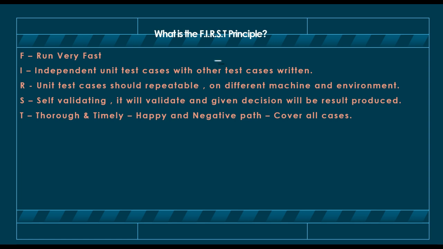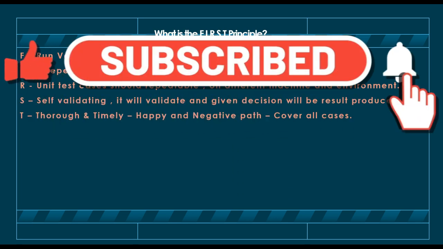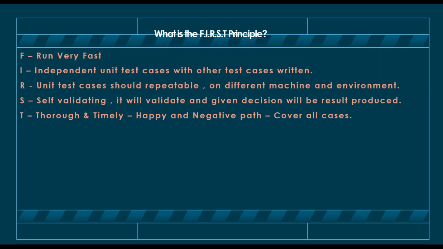Now, thoroughly and timely tested means that whether it's your happy path or your negative path, all kinds of scenarios relevant to that particular code module or features should be tested, so that it doesn't miss out any use cases or features.